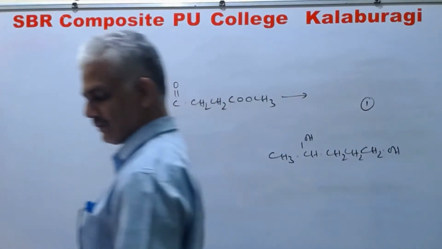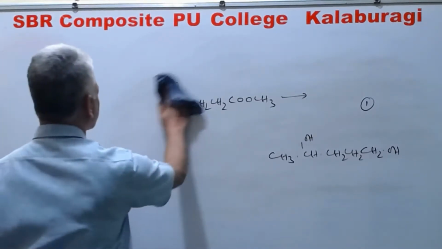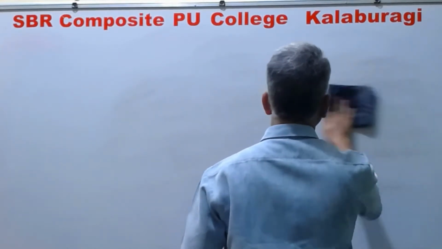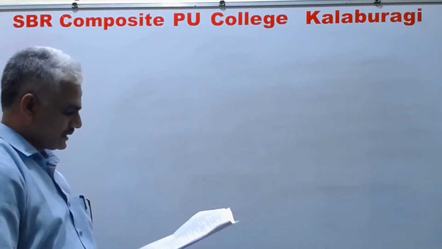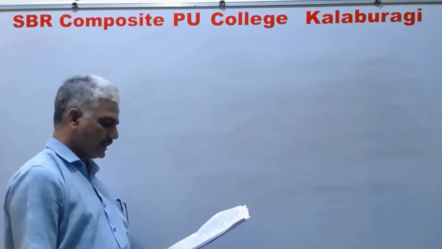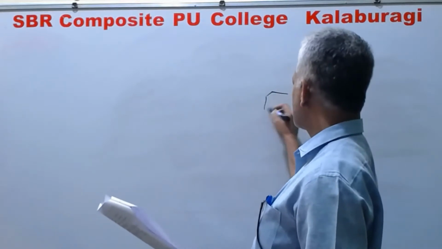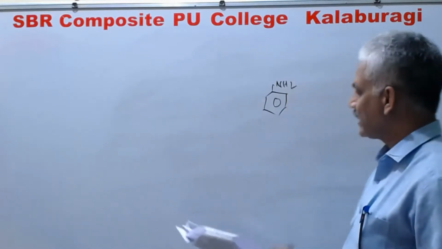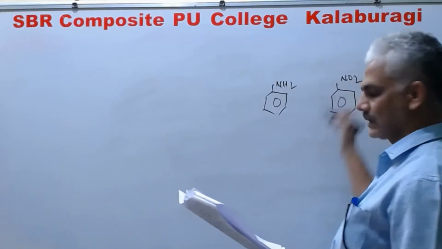Next, 45th question. Which of the following reagents is useful for separating aniline from a mixture of aniline and nitrobenzene? Aniline is C6H5NH2 and nitrobenzene is C6H5NO2.